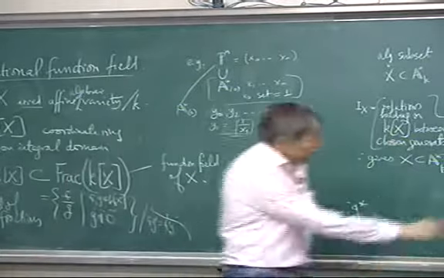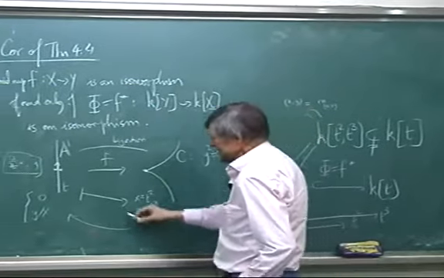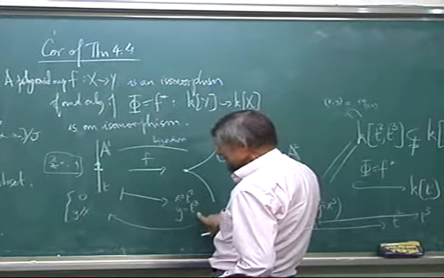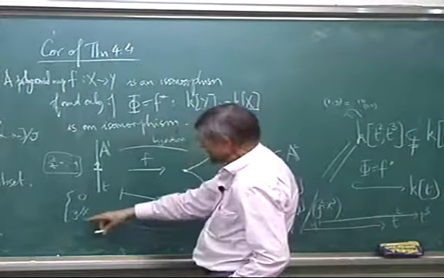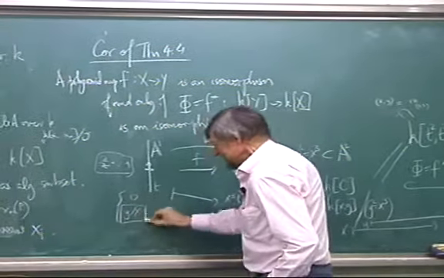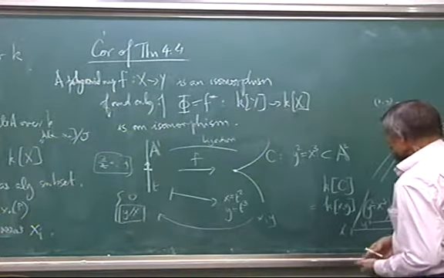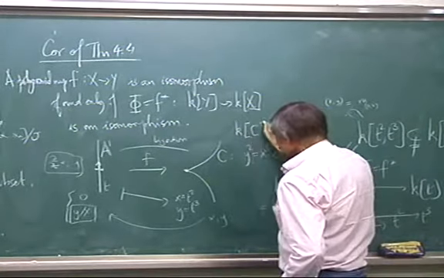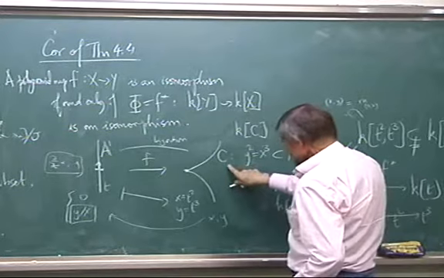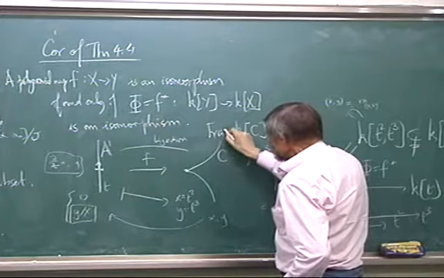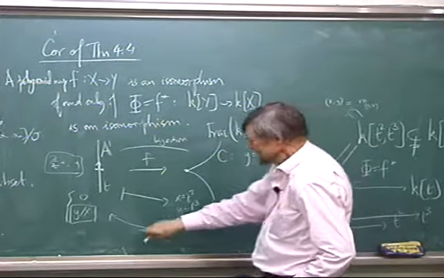So another example is already on the board. I said I map this forward by t squared and t cubed. And then when I do the map backwards, I'm writing y over x. So what is y over x? Well, I take the coordinate ring of C, and then I take its field of fractions, k of x, and that includes things like this y over x.